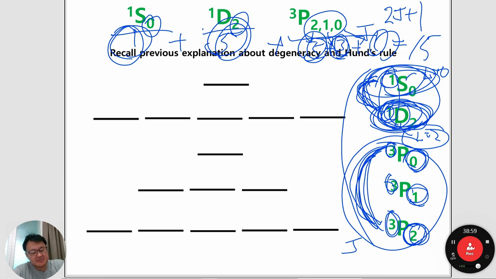Each microstate is represented by a wave function, and the wave functions are reorganized mathematically through linear combinations. And then you come up with the same number of states, but differently organized, which in this case are represented by different term symbols. And nature does it to minimize the total energy of the system. Okay, thank you. That's it.